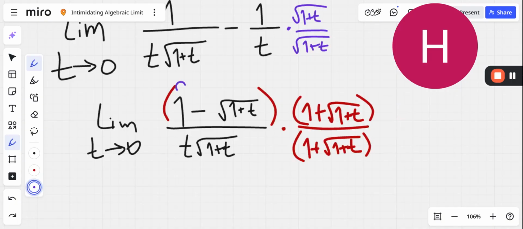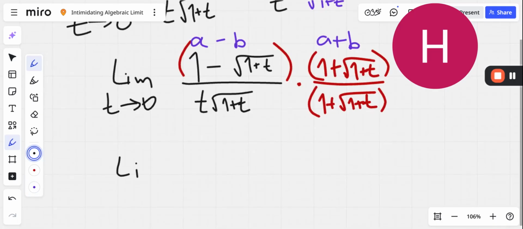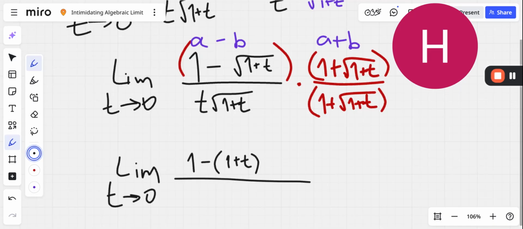And the magic that happens here is we're multiplying a minus b times a plus b. That's going to turn into a difference of squares, a squared, that's 1 squared, minus b squared, that basically just breaks the square roots. And on the bottom, like I said, do not worry about multiplying all of this out. It's going to be kind of a hefty denominator, but trust me, it's going to work out nicely.